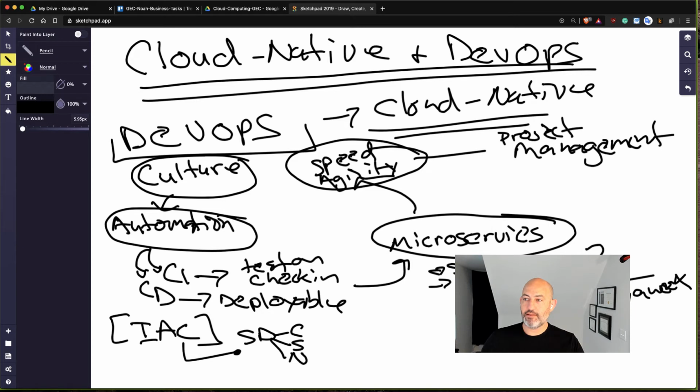If it's 10, maybe you're doing DevOps, right? Or can you do 10 deployments a day to production? Then you might be doing DevOps. Another concept as well, are you fully adopting the cloud technologies?